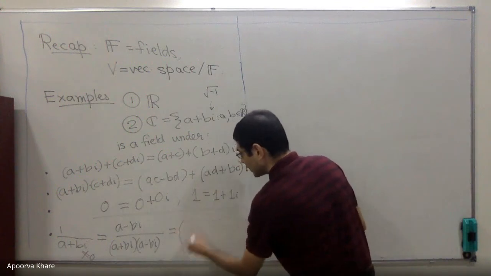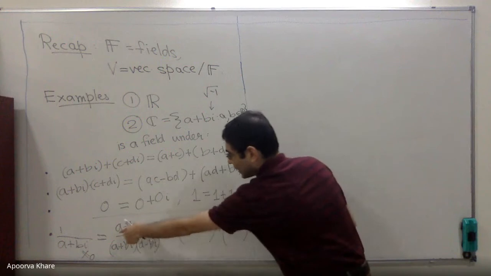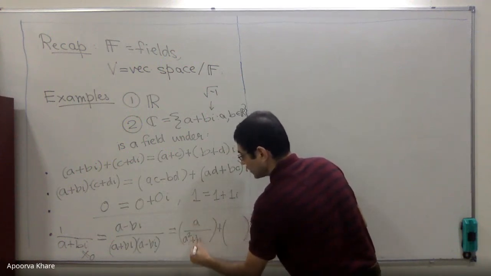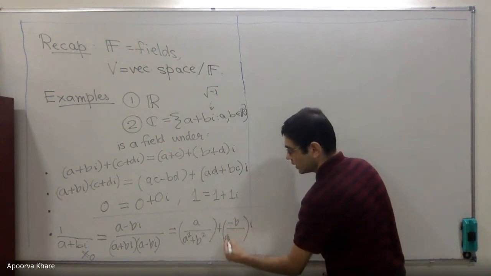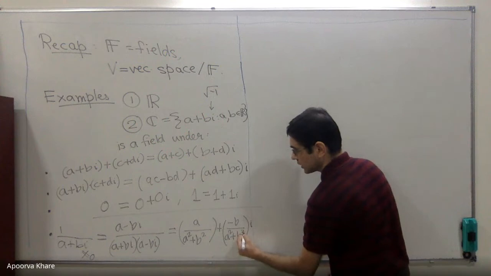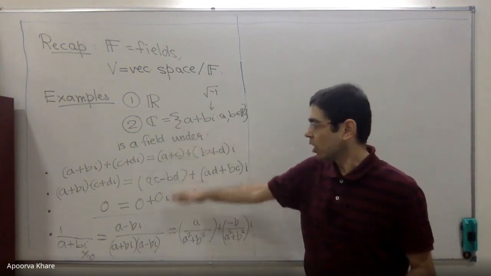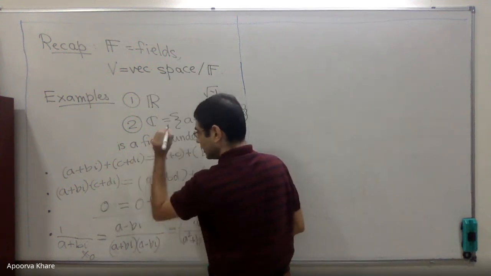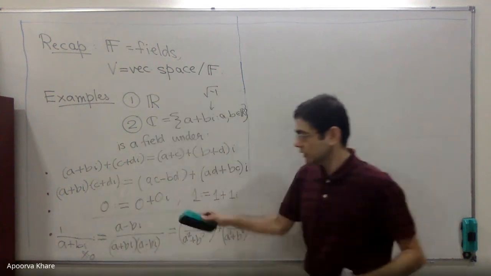Remember, you write out the real part and then the imaginary part: it's a over a squared plus b squared, and then minus bi over a squared plus b squared. So these are the operations that you define. Maybe I should have said definition, definition, definition, definition, and so these are all definitions.